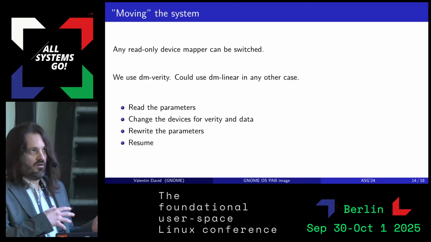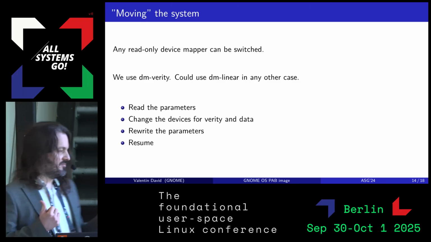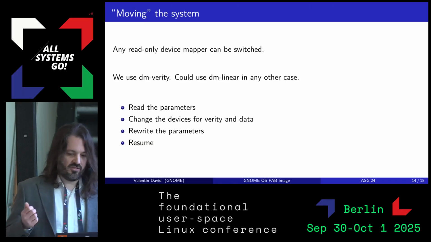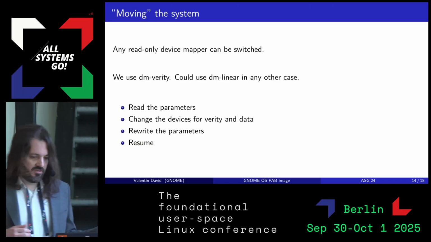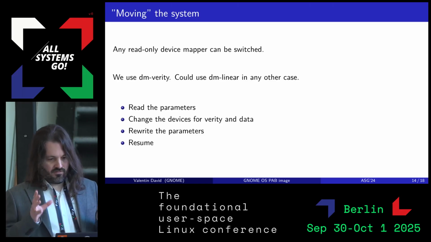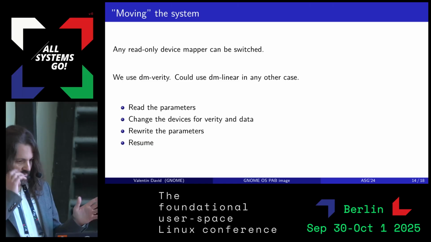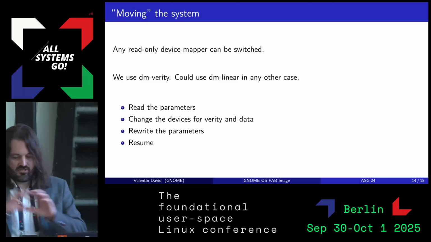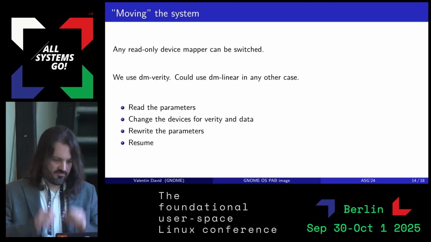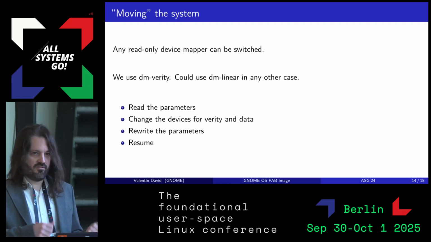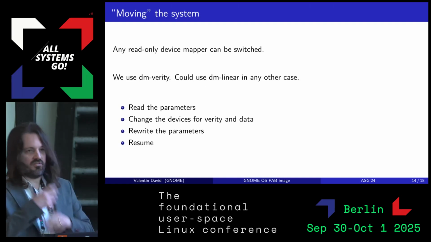If you don't use device mapper, as long as it's read-only, you can, for example, use DM linear or something like that and use the same trick. Which is just read the parameters for the device mapper, change the devices there, write it back, just resume, and then it works. And it doesn't use your original device, which is on your USB key. So then after you can eject.